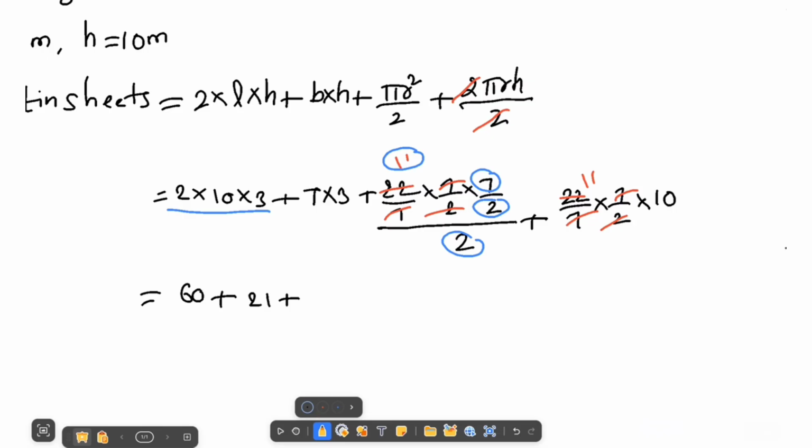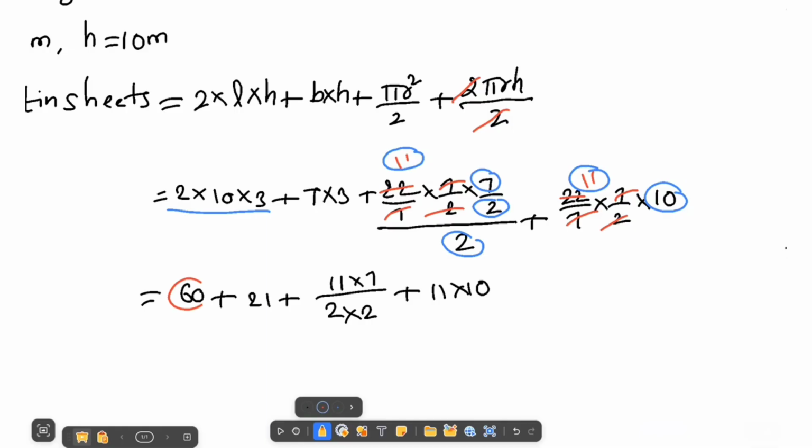So it is 11 into 7 by 2 into 2, plus 11 into 10.